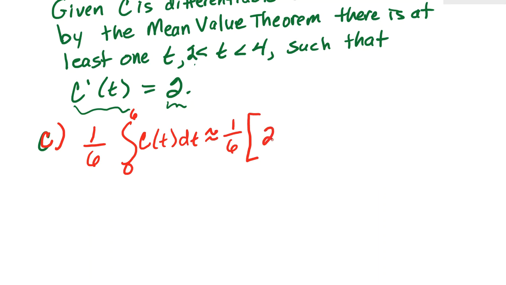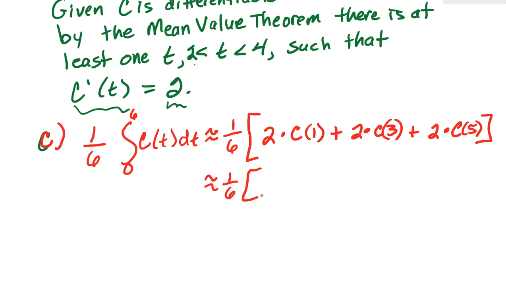They each have a base of 2, so you could factor that out in front, and that would be perfectly fine. So we're multiplying here. Let's use a dot for multiply. And then our third rectangle has a height of C of 5.